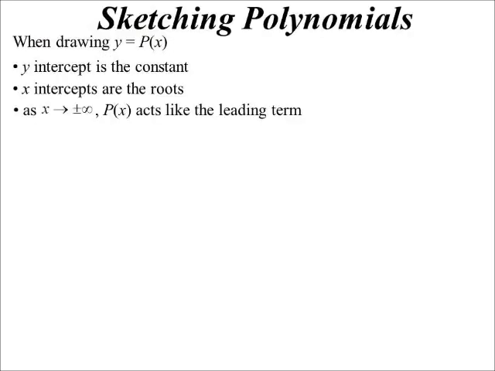Now, this idea is about what we call dominance. As x approaches plus or minus infinity, the polynomial will act like the leading term. The reason for that is, obviously you can't substitute in infinity, but it's a really, really big number.